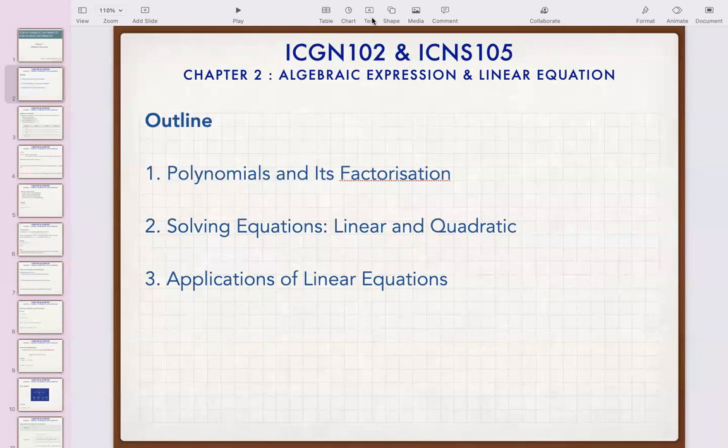After that, when you understand the factorization and those polynomials, we will form them into equations, then we will learn how to solve the equations. We will have two different kinds of equations for solutions, that are linear and quadratic, and finally we talk about applications of linear equations in real life.